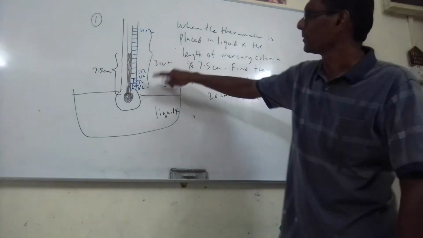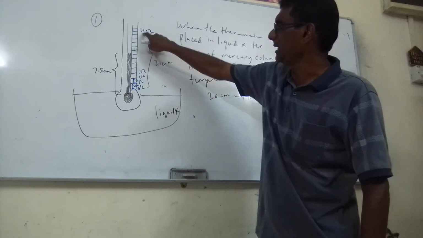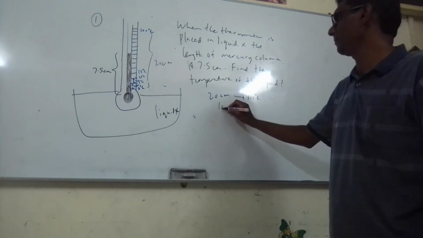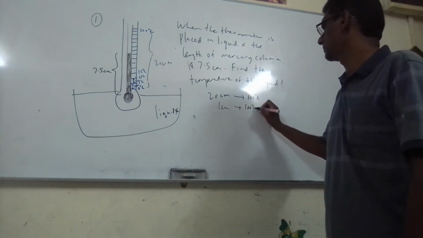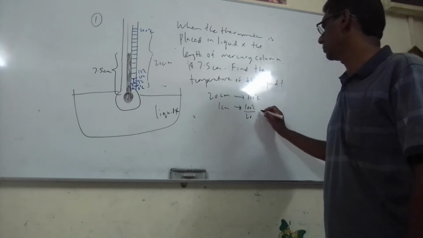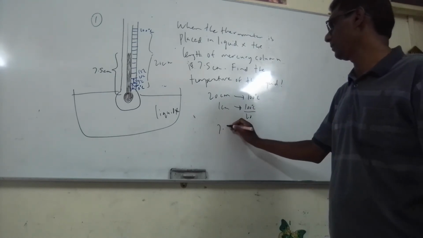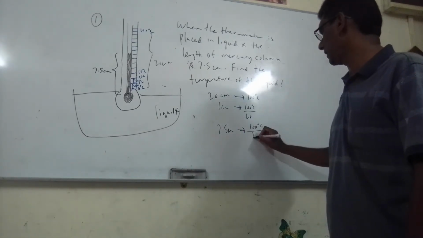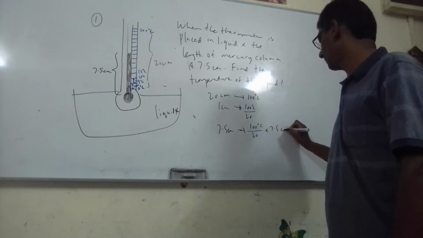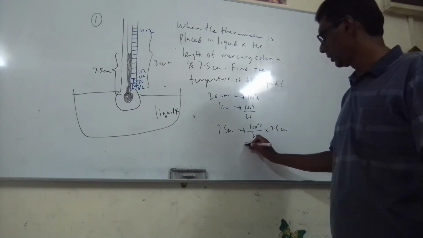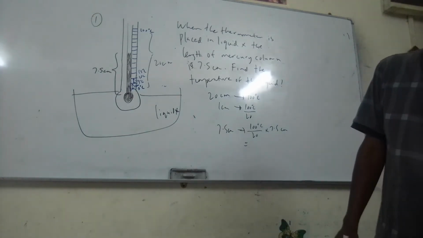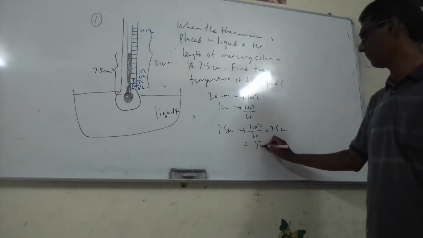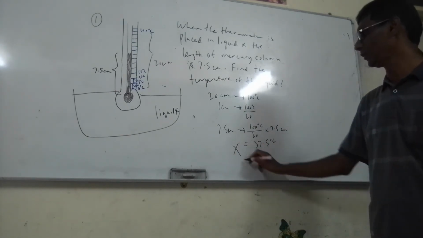So 20 cm is 100 degrees Celsius, 1 cm is 100 divided by 20, and 7.5 cm is 100 divided by 20 times 7.5, which equals 37.5.